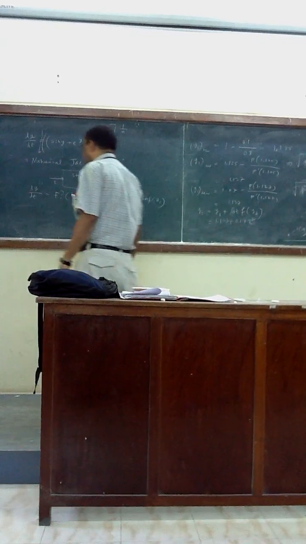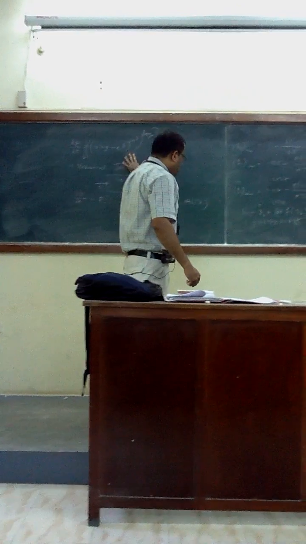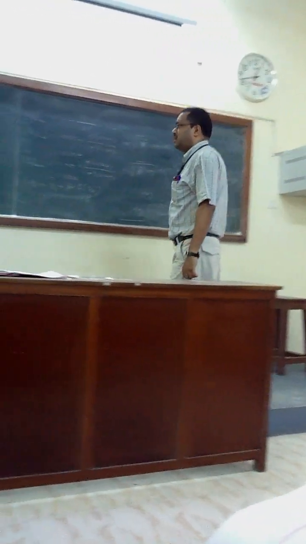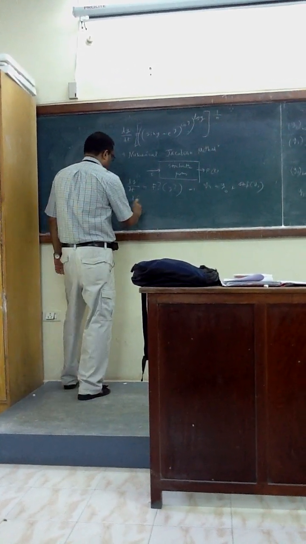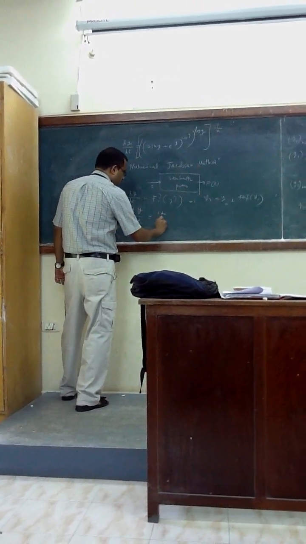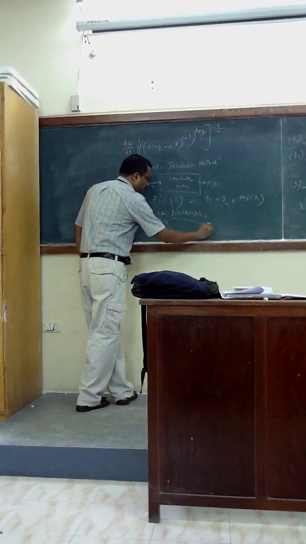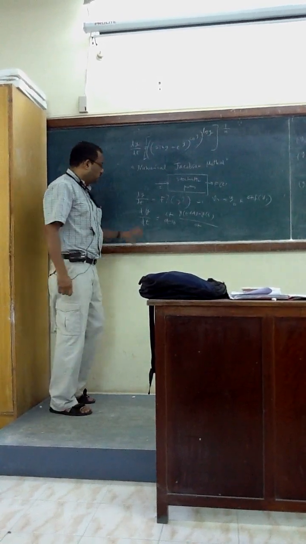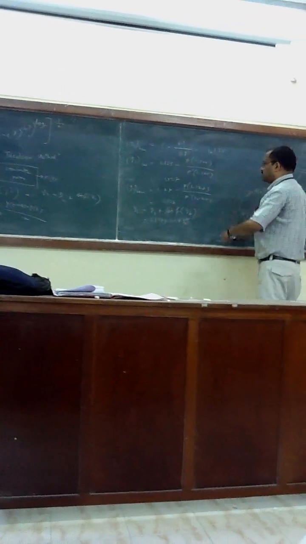Even if you don't know the function, even if you don't know how to take the derivative, or the function is very complicated, it is possible to calculate the derivative. How will it be done? If you have df by dt or dy by dt, you always write the limit as delta t tends to 0 of y of t plus delta t minus y of t, divided by delta t. Remember that delta t is tending to 0, very small. We will capture this information. For example, I will take up this problem.